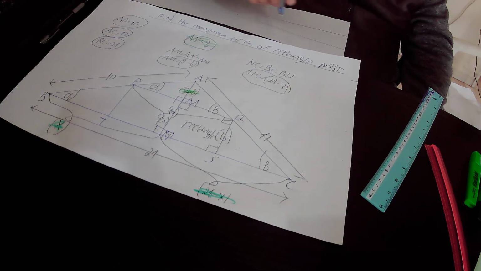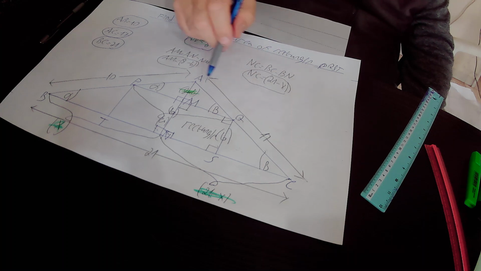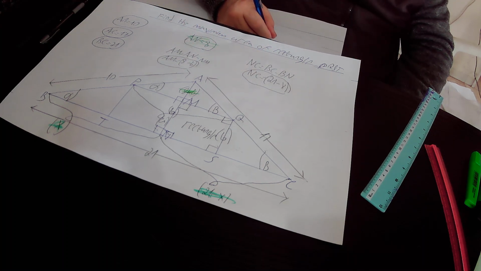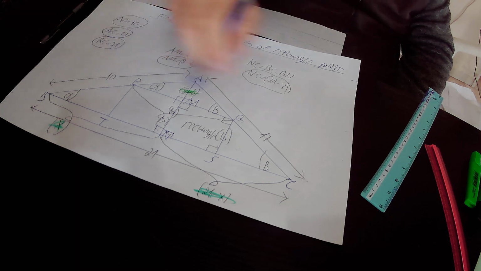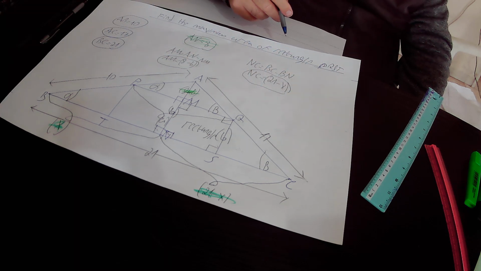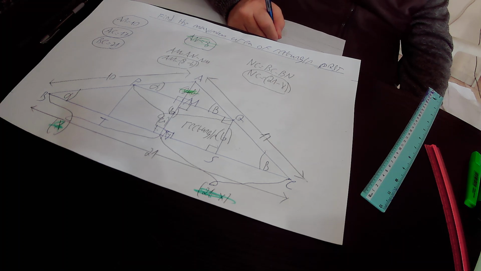This is to say it must be equal to PQ, that is the side of the small triangle APQ, over BC, that is the side of the big triangle ABC.